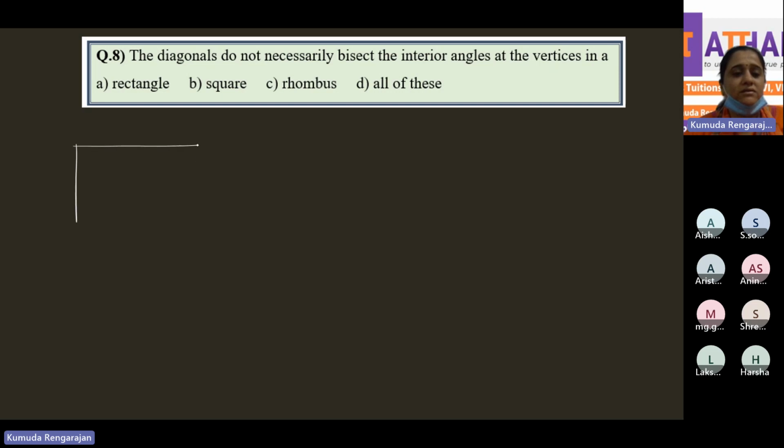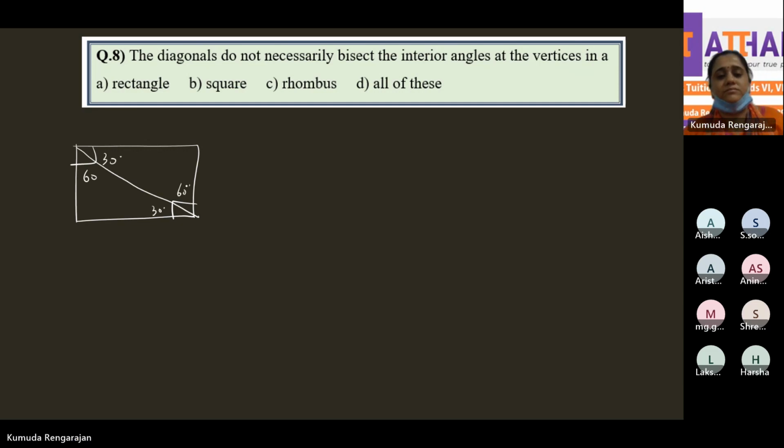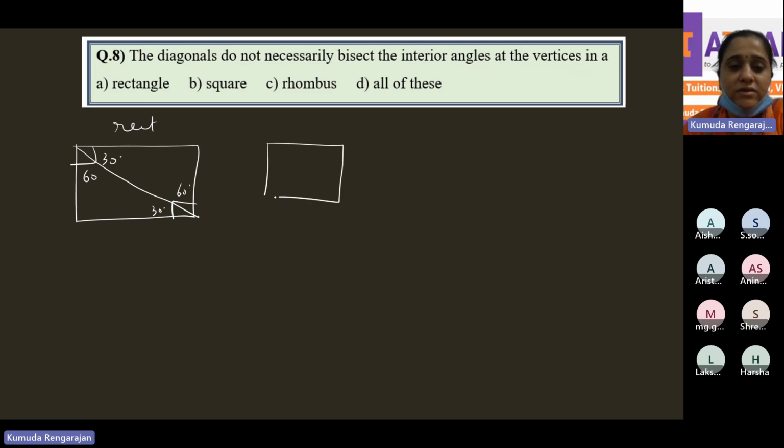In a rectangle, 90, 90. It may be like 60 here and 30 here. So it doesn't bisect. In a square, it bisects. In a square, yes. This is 45, this is 45.